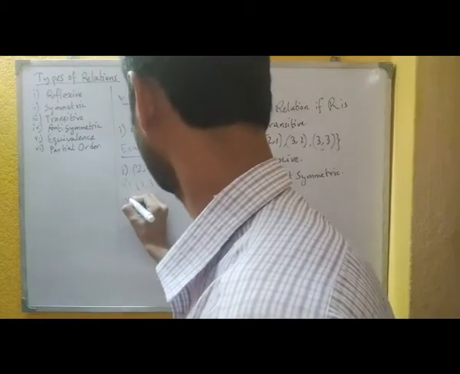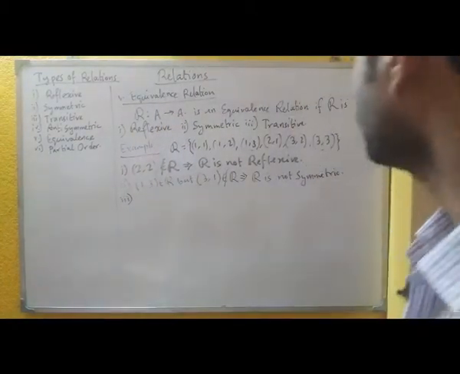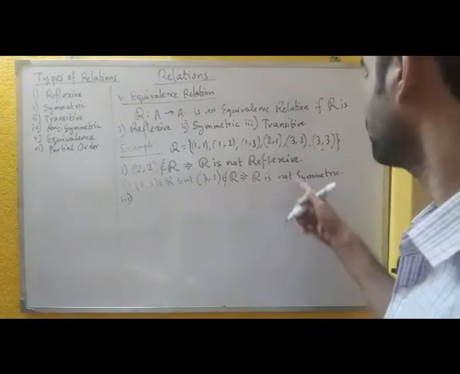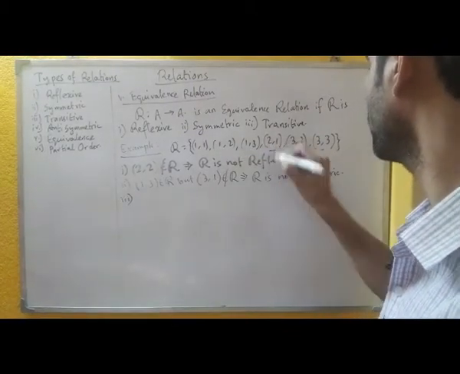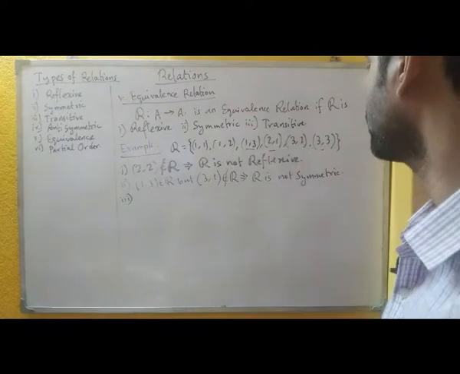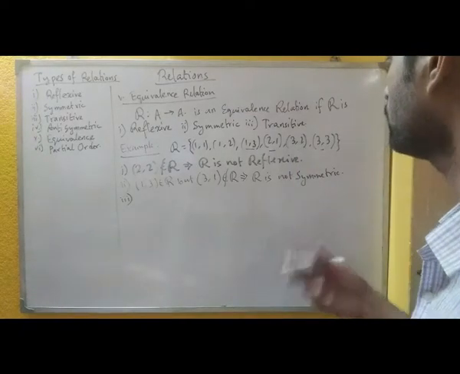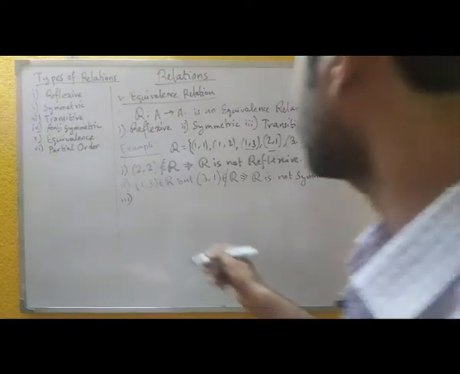And the last one, number 3, the transitivity. We have seen, for example, that (2,1) is there and (1,3) is there, but (2,3) is not in the set.